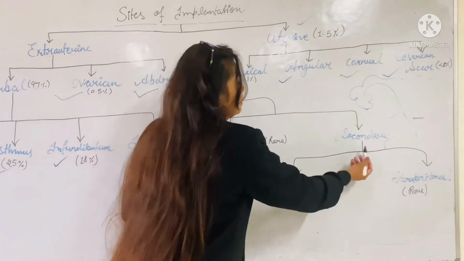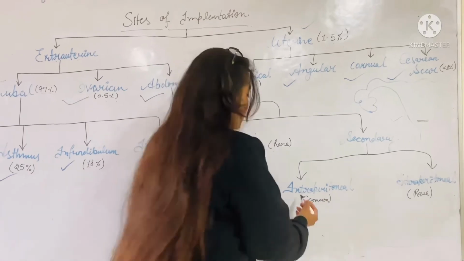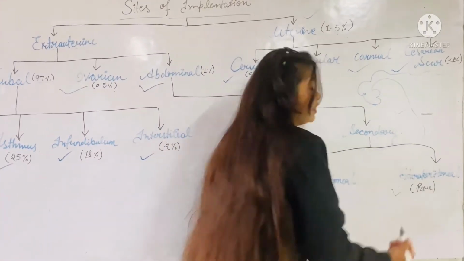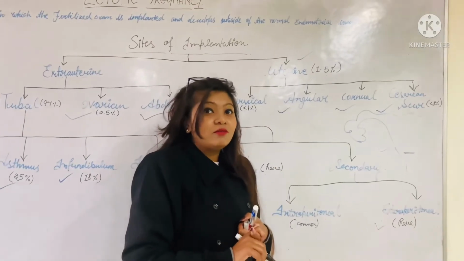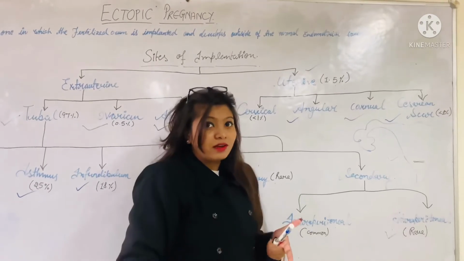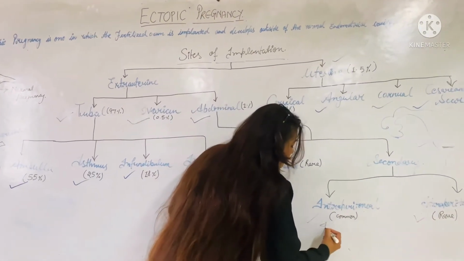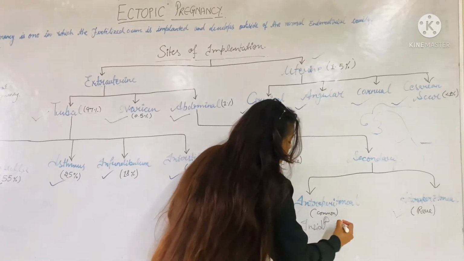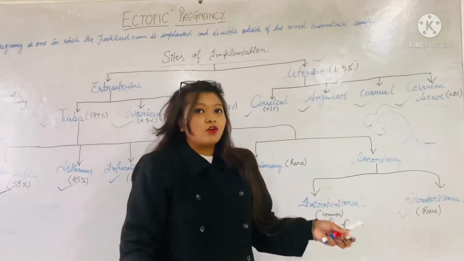Secondary is further divided into intraperitoneal and extraperitoneal. Extraperitoneal is really very rare. It means the fertilized ova will be implanted outside of the peritoneal cavity, and intraperitoneal means inside the peritoneal cavity. So it was all about that topic, ectopic pregnancies.